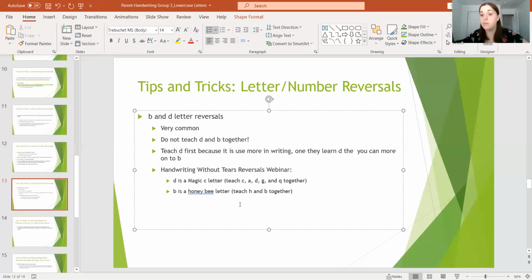So kiddos, when they want to make a B, think of honeybee, and they think of their letter H, and then what is the letter B but just a little bit around to finish the letter H to turn it into a B. So hopefully those two tricks help with that very common letter reversal.